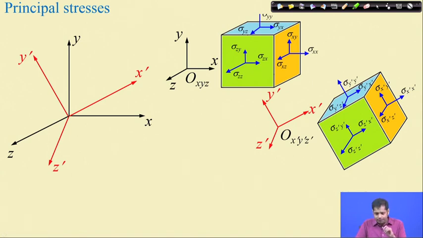Now, suppose you think of a situation that you have a state of stress at a point which is represented like this, with respect to a given coordinate system, and then you are slowly changing the coordinate system. When you slowly change the coordinate system, the individual components of stress also change, right.